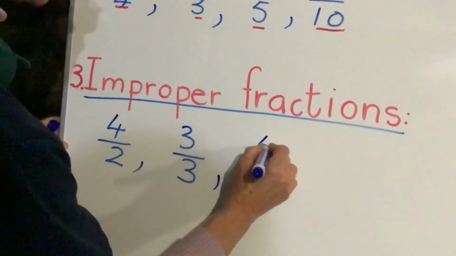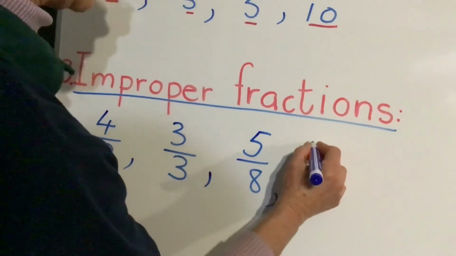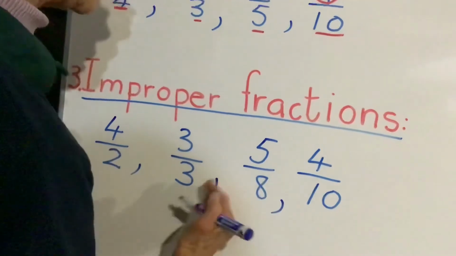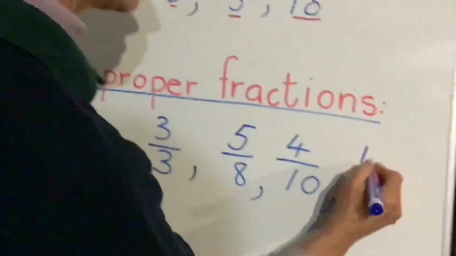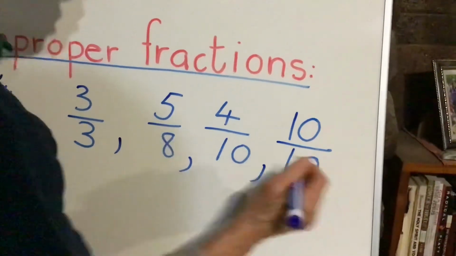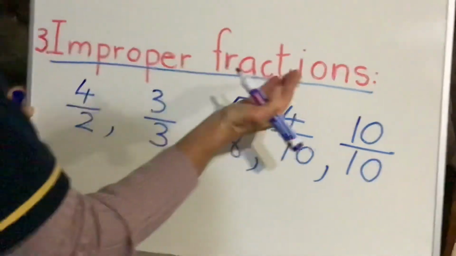Right, we could have 5/8. We could have 4/10. All of these, if you look carefully, I'm going to make one last one where we're going to call this one also an improper fraction. Remember, if it's the same size, top and bottom, we also call it an improper fraction.